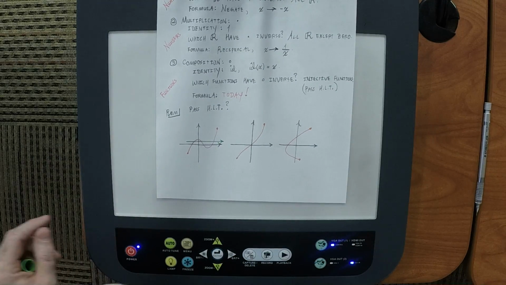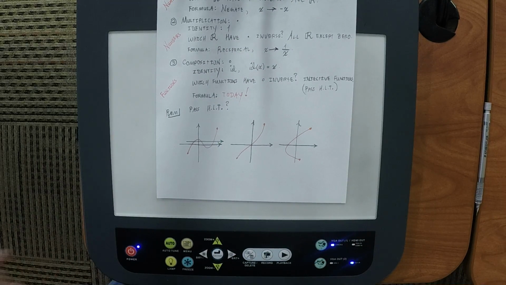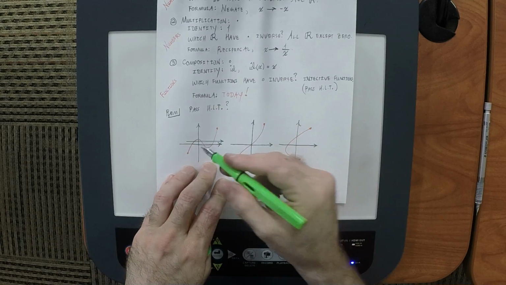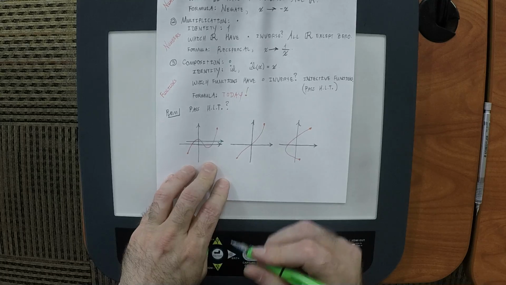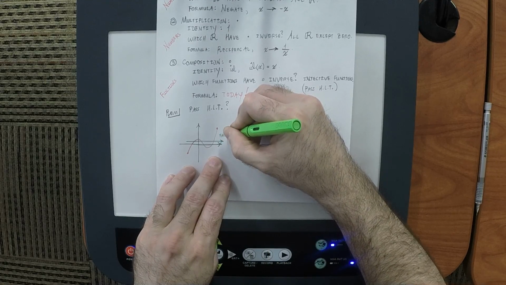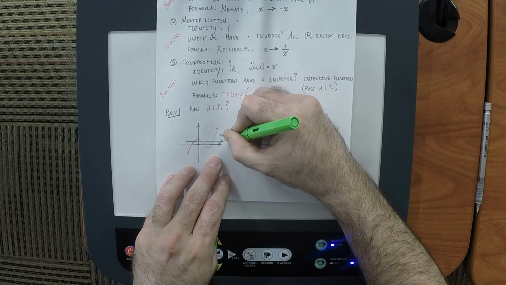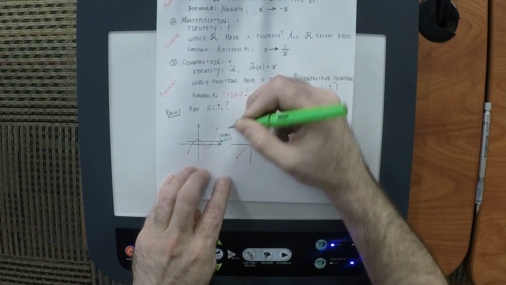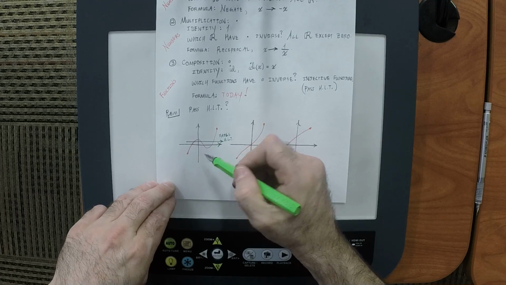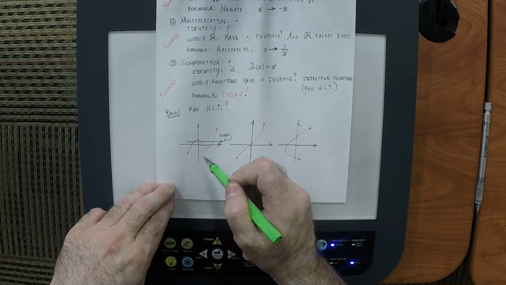Right. Because the horizontal line test says that a function is injective if every horizontal line crosses it 0 or 1 times. Yet you can see that for this function, here's a horizontal line that crosses it 3 times. So this fails the horizontal line test. As a result, is this function injective or not? It is not injective.